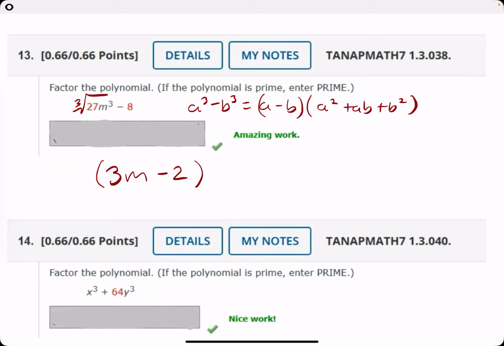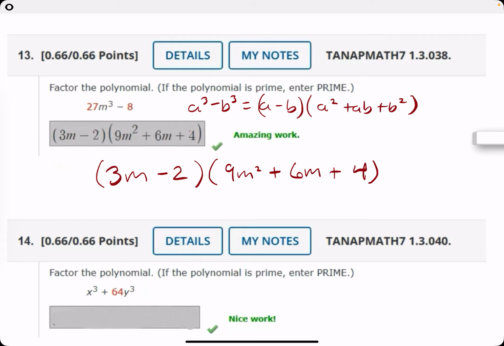And then a squared would be 3m squared, so 3m times 3m is 9m squared. Plus ab, that's 3m times 2, so that's 6m. Plus b squared, well, b is just 2, so 2 times 2 is 4, and that's all there is to it.